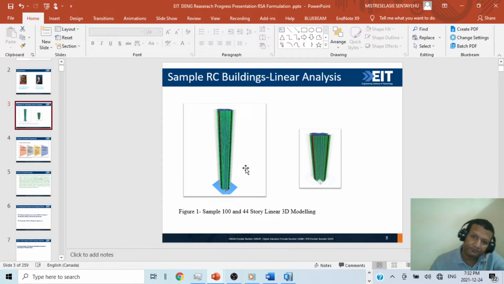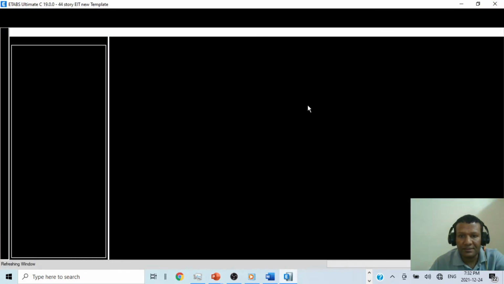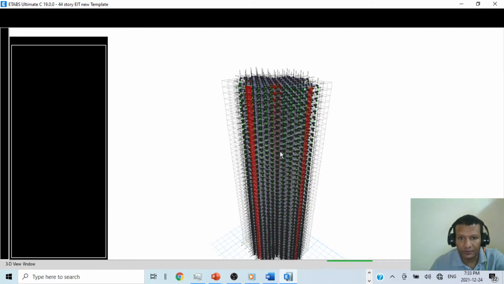The first three analyses were performed in linear, but now we changed it into nonlinear, as I showed you here. We use the plastic hinge modeling approach and the fiber hinge approach for the shear wall, as you can see.